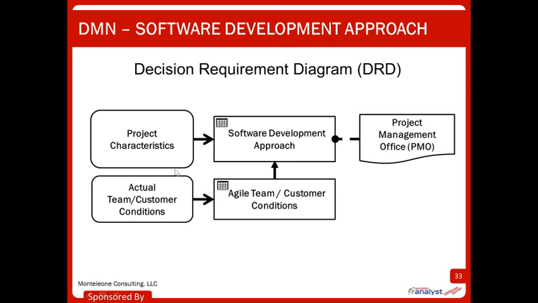Now, there are other boxes in here. You'll notice this one. This is called an input data, where we put in the characteristics of the project. And this one here has the actual conditions of the team and also of our customer, and whether it lends itself to doing something in the Agile world.